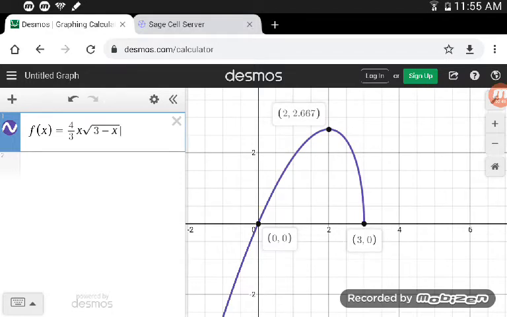And they said, use your technology to graph the function and approximate any absolute extrema on the given interval.